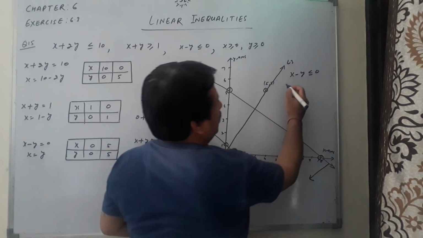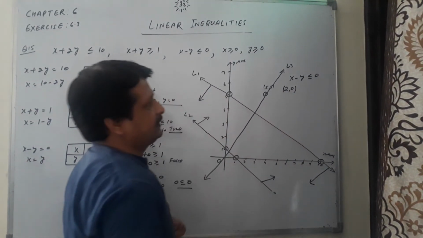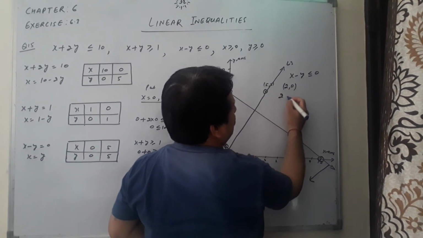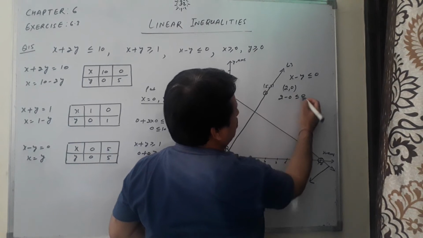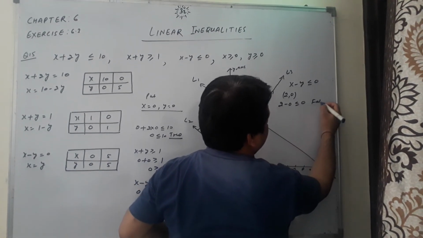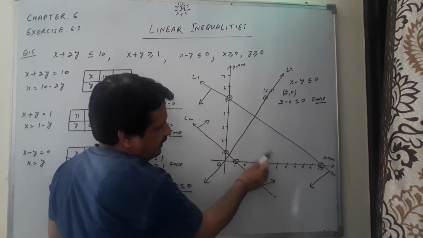You will take the point 2 and 0 and put it in this inequality, and you will see that 2 minus 0 is less than or equal to 0. So what do you say? You will say that this is false. Means that the region will not be toward the x-axis.